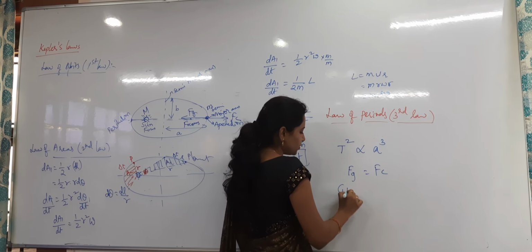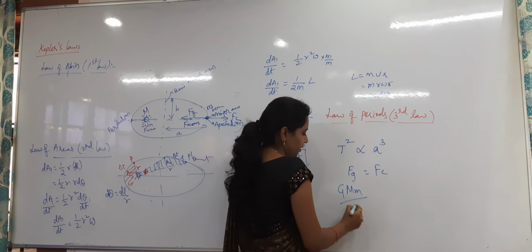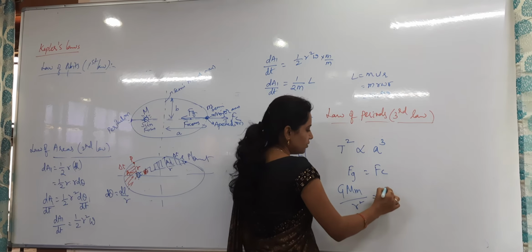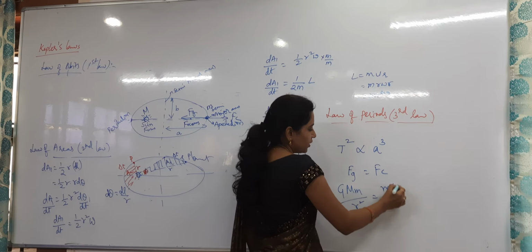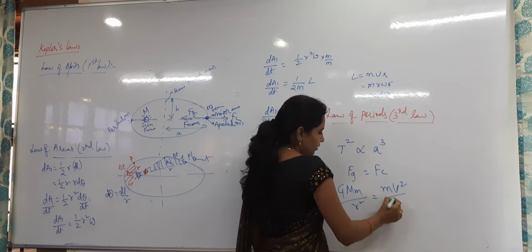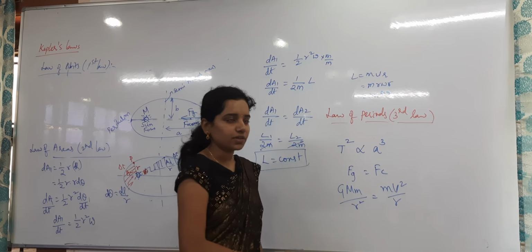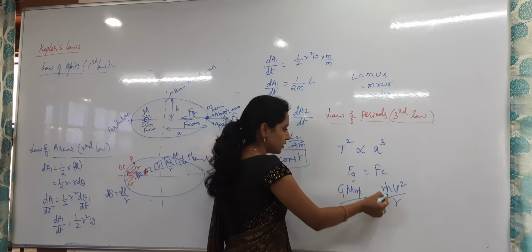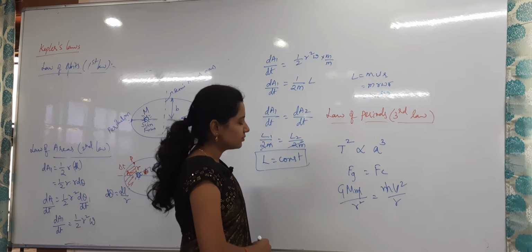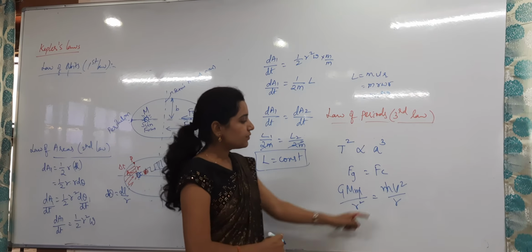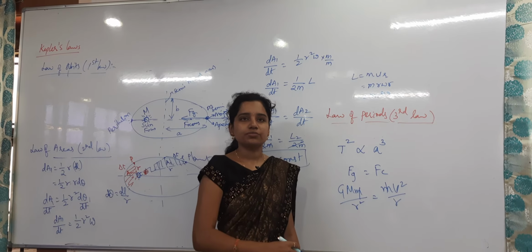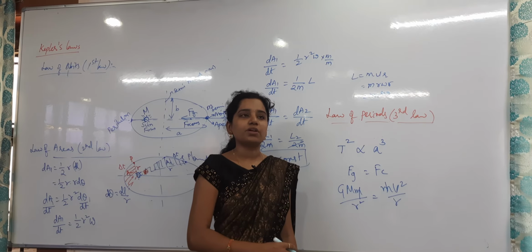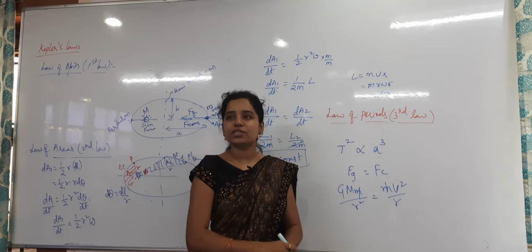So first of all, Fg is equal to Fc. G capital M small m divided by R square is equal to the centrifugal force, mv square by R. Then m gets cancelled. Also this v I can write in terms of omega. Instead of mv square by R, one more formula is there: m R omega square.